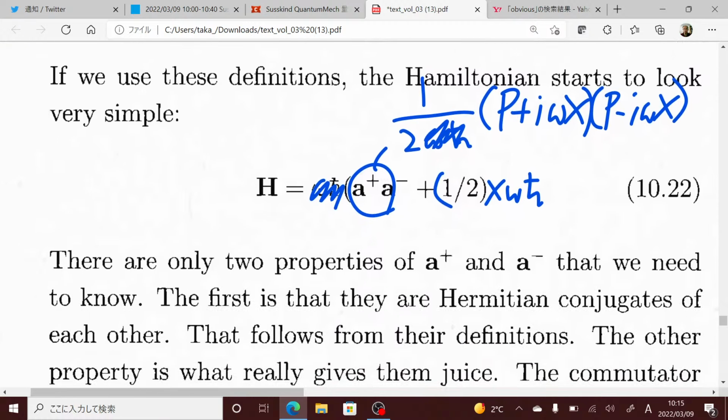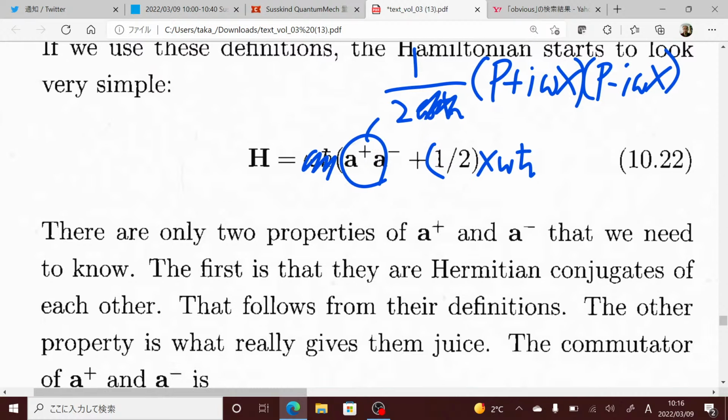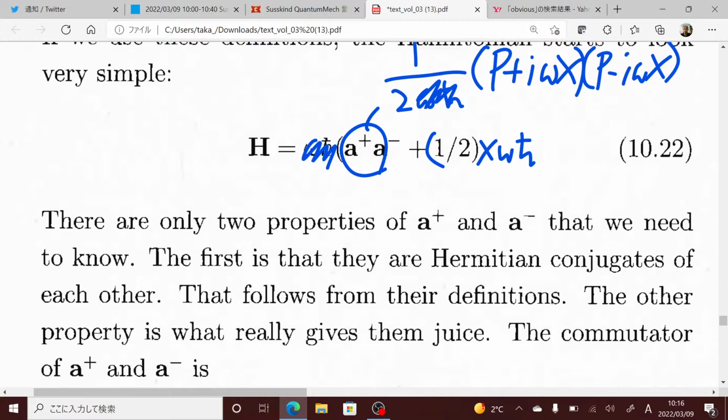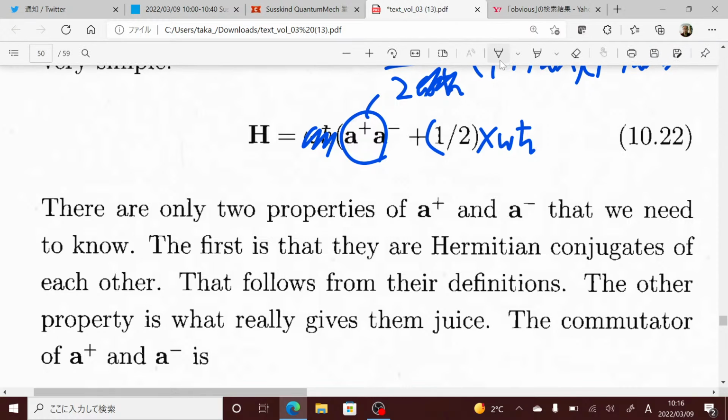There are only two properties of A plus and A minus that we need to know. The first is that they are Hermitian conjugates of each other.